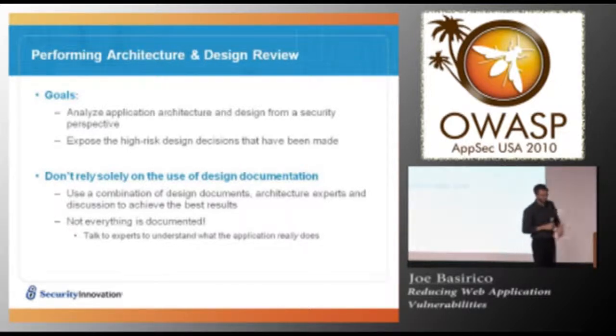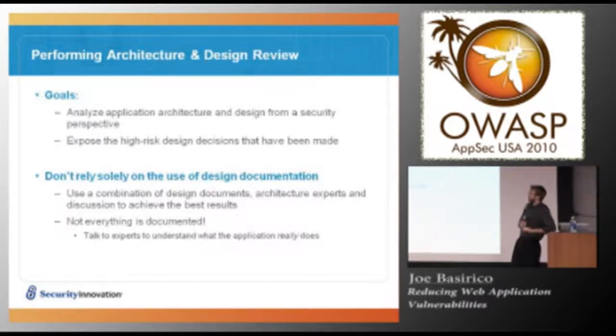A while ago, we were doing an architecture review for a client that was having a real challenge authenticating servers with one another. It was not exactly a cloud computing type of system, but they had multiple servers all over the internet that needed to communicate with one another. And they had written all of this code and gone through all this process. And finally we said, well, what about just mutual certificate authentication over SSL, right?